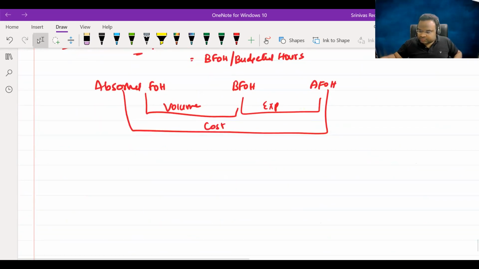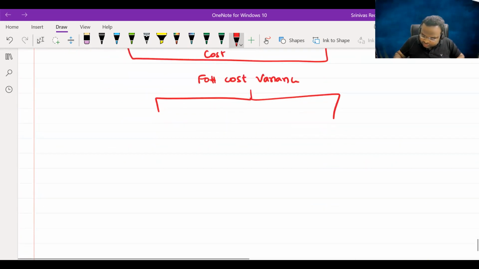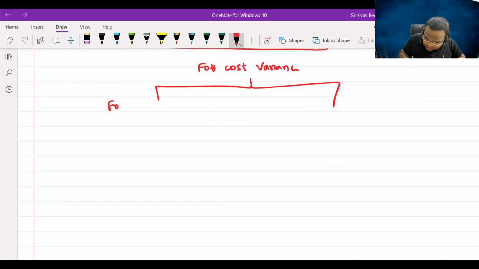Now, hope you are clear. Now this fixed overhead cost variance is subdivided into fixed overhead volume variance and fixed overhead expenditure variance.